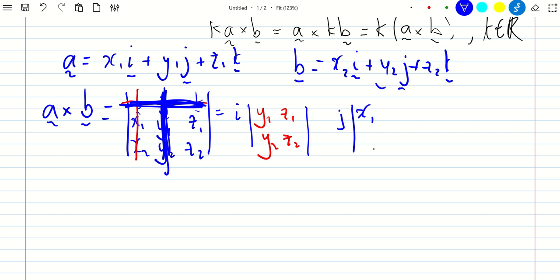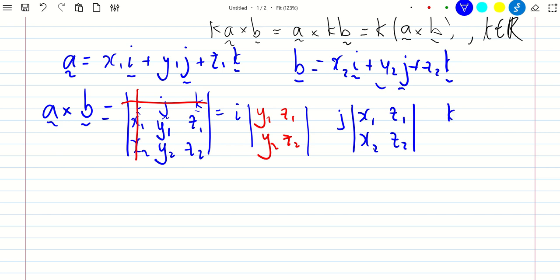You'll have x1, z1, and x2, z2. Oh no, sorry, because it's going to undo my scribbles. I'll just do that again now. So it'll be x1, z1, and x2, z2. Okay, so we've got that.